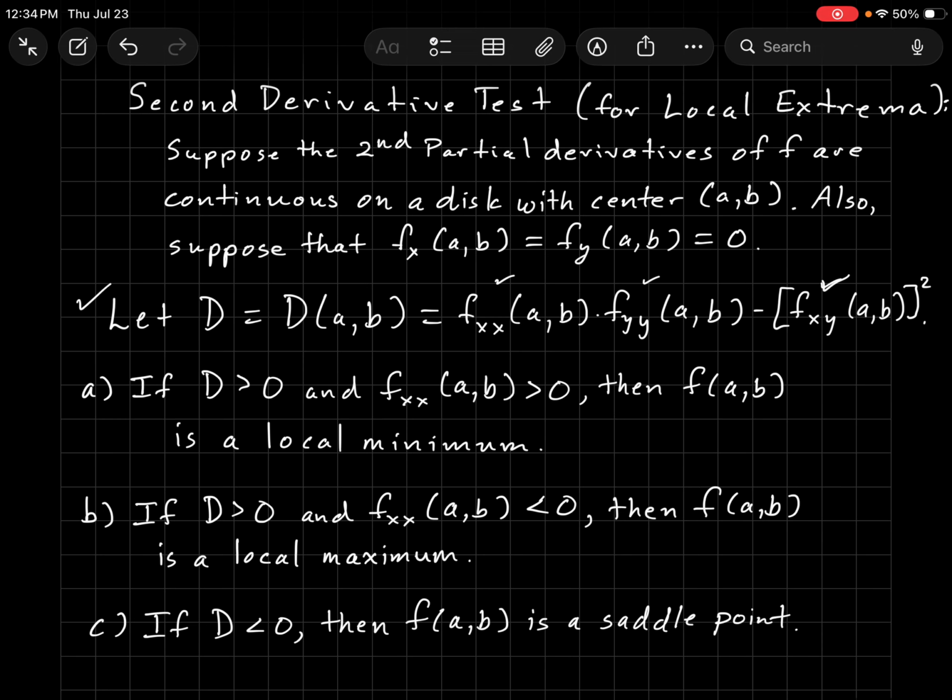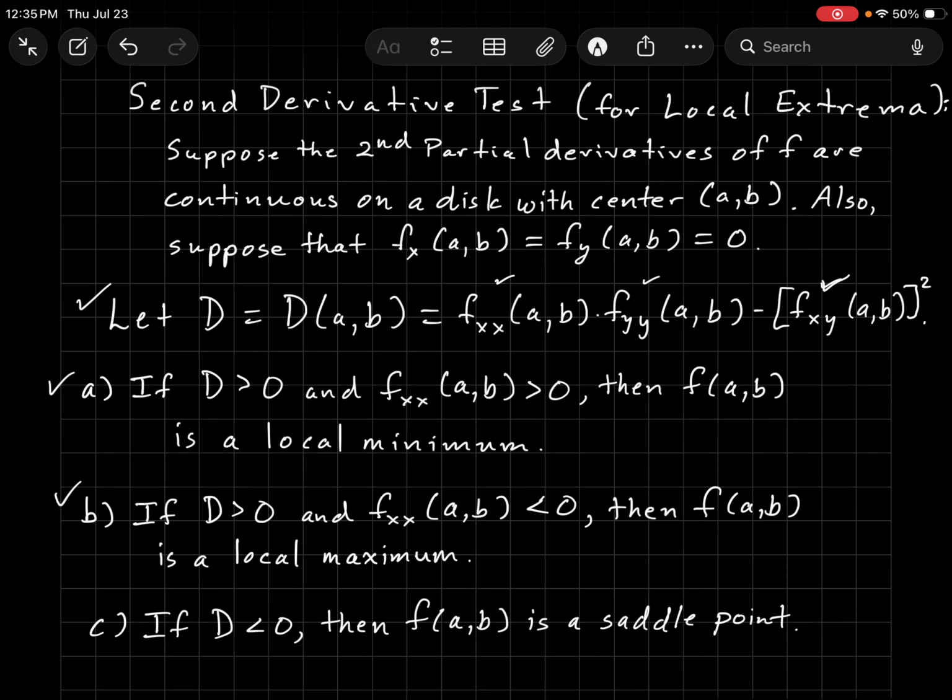Suppose that D is a positive value, but also the second partial f_xx is also positive. In this case, f has a local minimum. Now, what if D is positive but f_xx is negative, then f has a local maximum there.